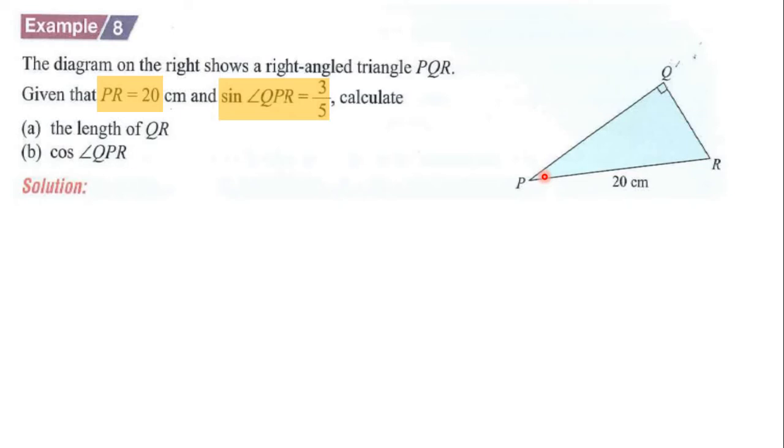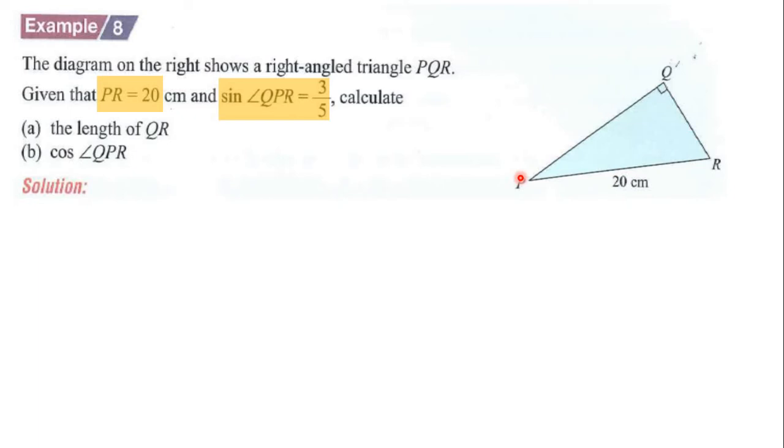Calculate the length of QR. So how do you find the value of QR? Now you cannot use Pythagoras theorem because you only know this side, the hypotenuse. You do not know the other side.